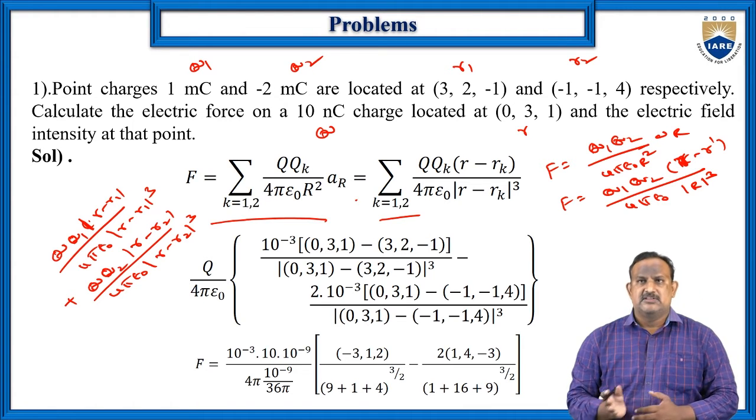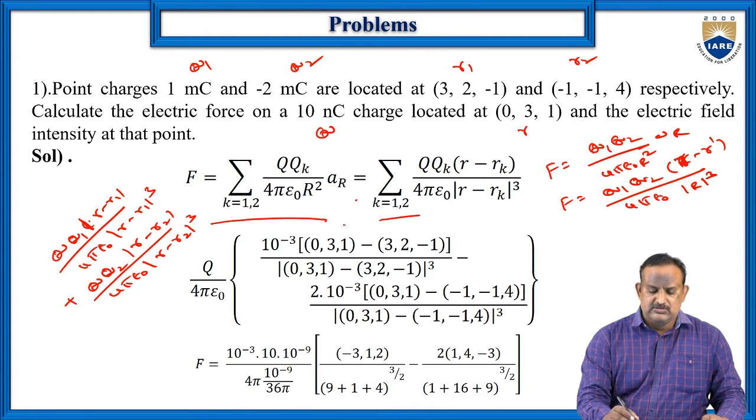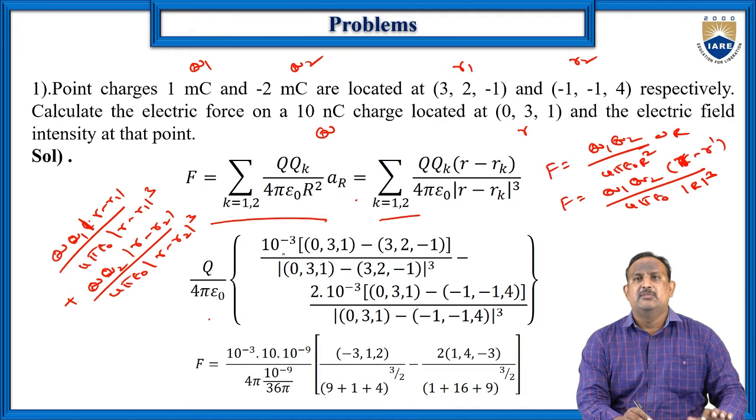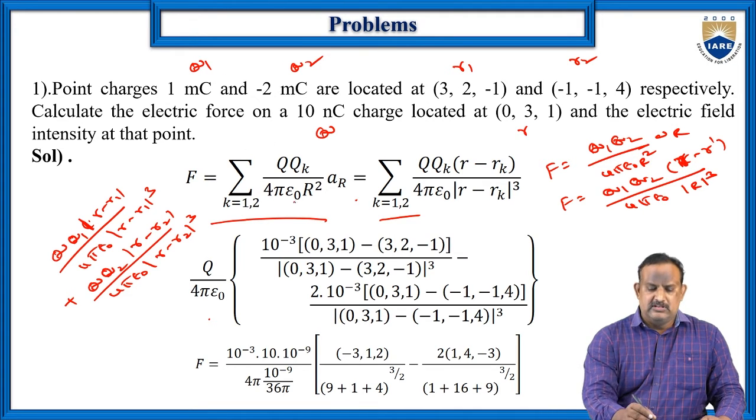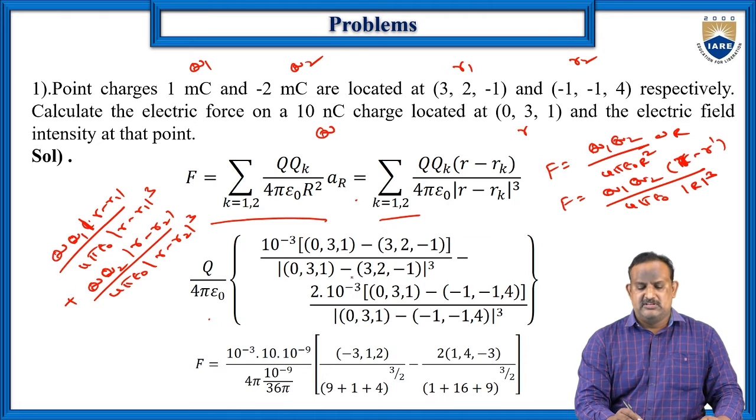Substitute the Q1, Q2, R1 values in the equation. Here Q is common, you can take Q by 4 pi epsilon naught outside. The first charge is 1 millicoulomb, so 1 into 10 power minus 3, into R minus R1, where R is (0, 3, 1) and R1 is (3, 2, -1), by modulus of (0, 3, 1) minus (3, 2, -1) whole cube.